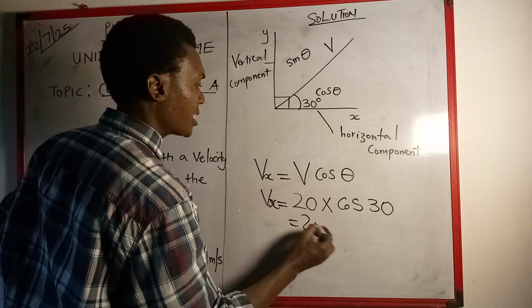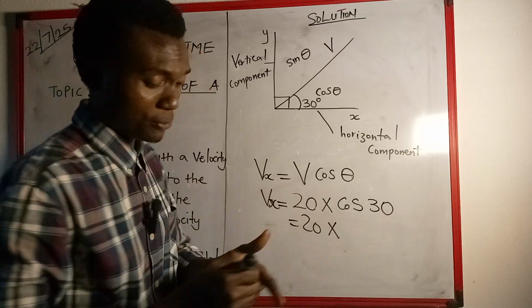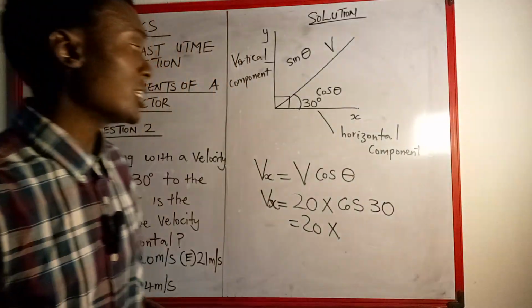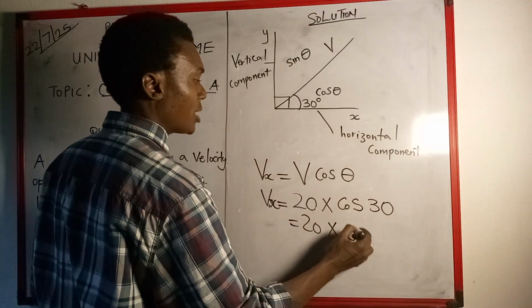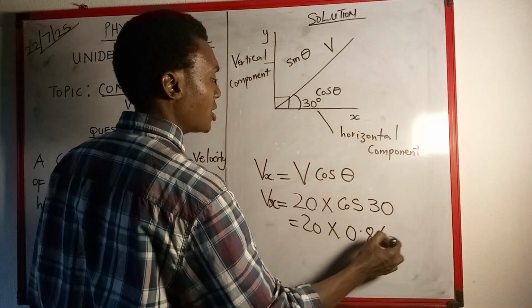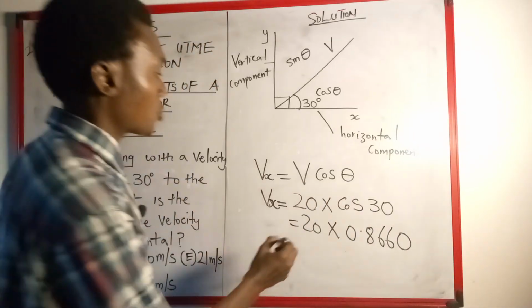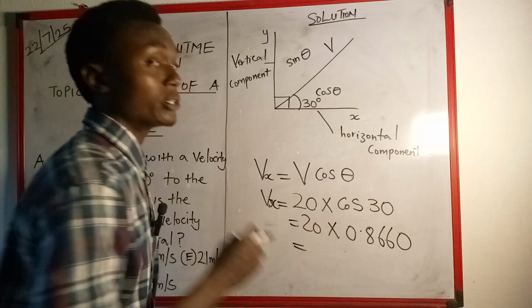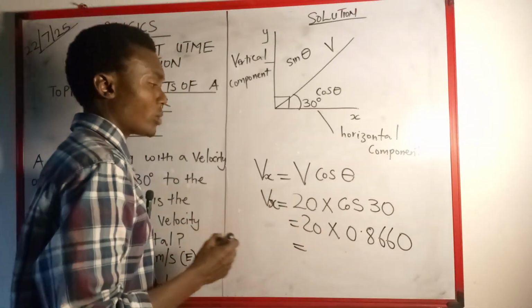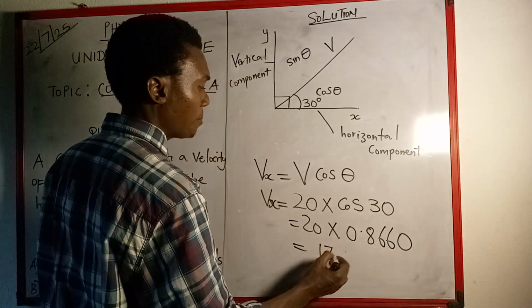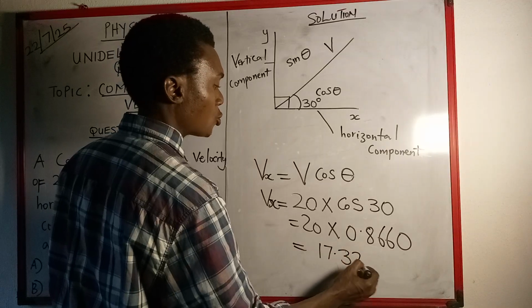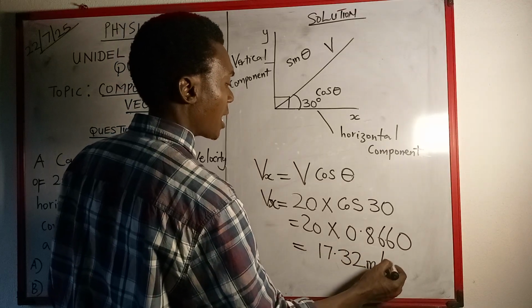So let's go. 20 times cos 30. If you use your calculator, cos 30 gives us 0.8660. When you multiply 20 times 0.8660, you're going to have 17.32 meters per second.